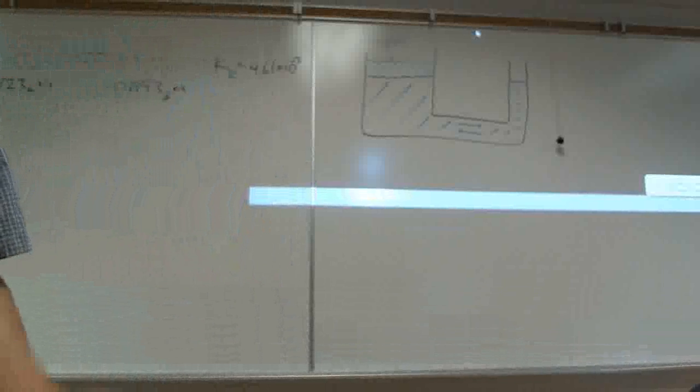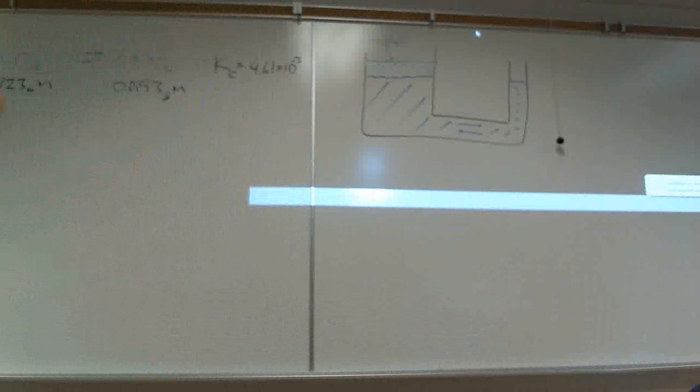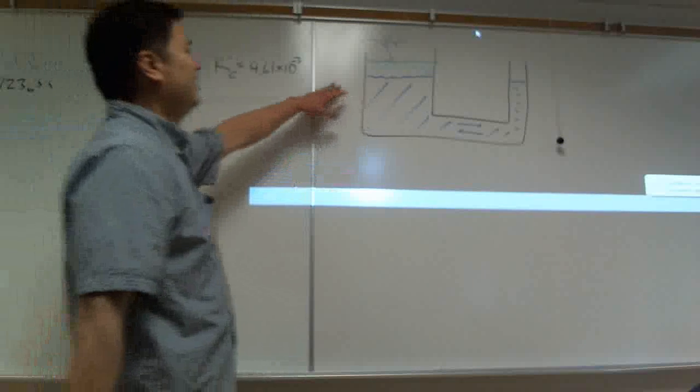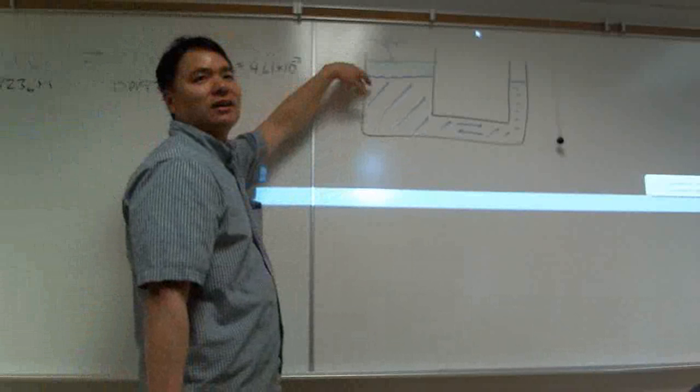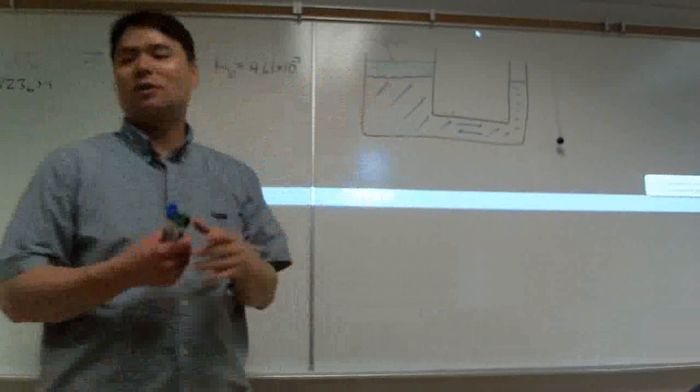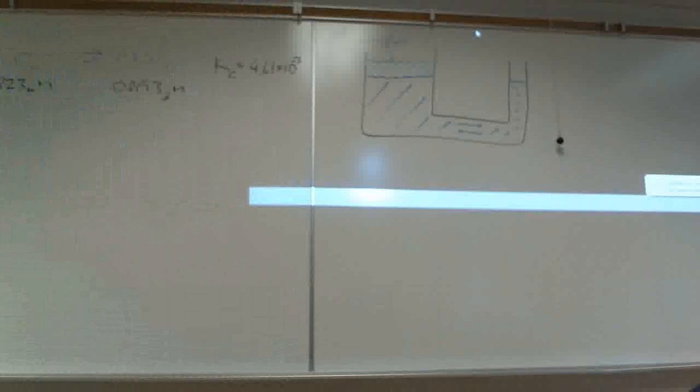If I add more water to the left, this is a little trick question, but will the water level on the left go down, or will the water level on the left go up? If I add more water on the left. Would it go up and then down? Well, yeah, it's going to go up and down, right? The reason why it's a trick question is because it can go up or it can go down depending on your point of reference.